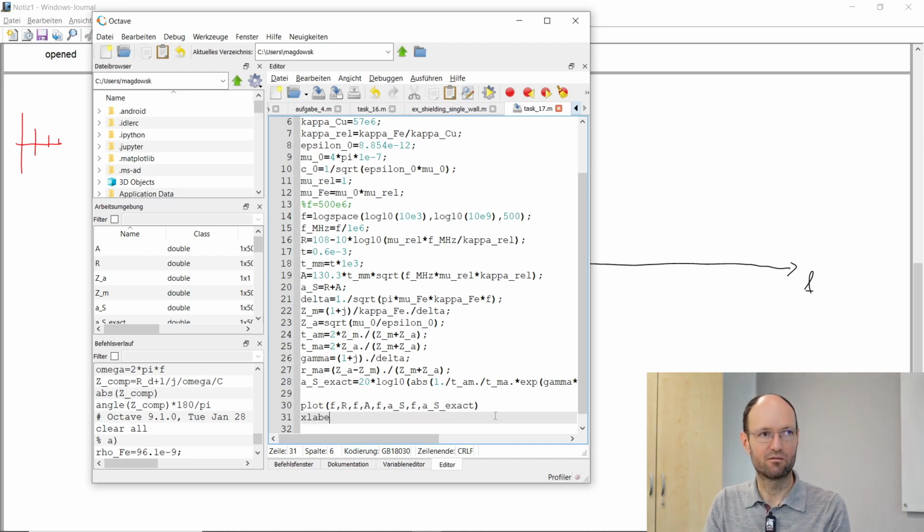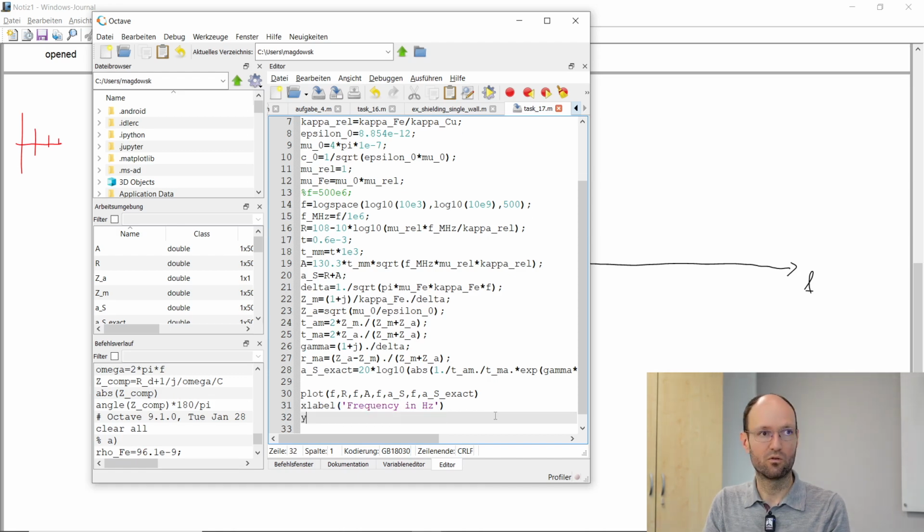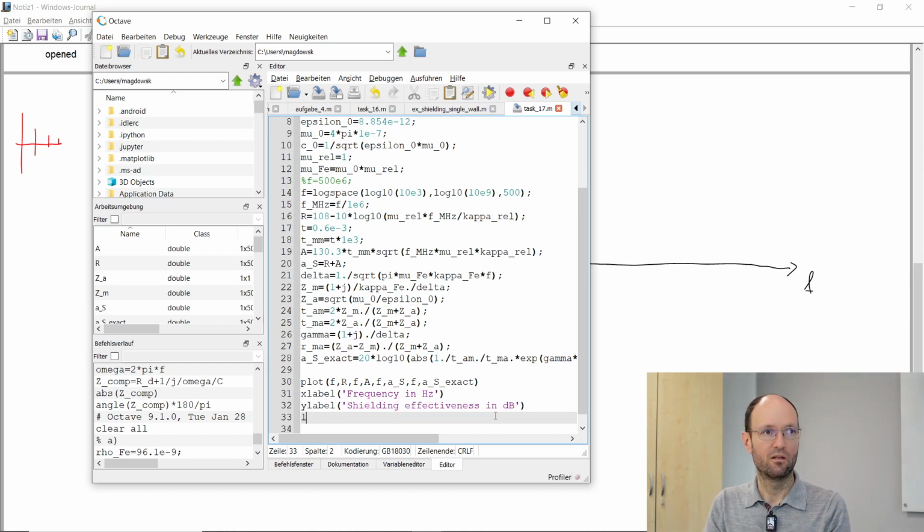Okay, and so we do this as a function of frequency. So here on this axis we have the frequency in hertz, and on the y-axis we have our shielding effectiveness in decibel. And let's add a legend, because we have already 4 curves and it might be confusing. I also don't know all the colors.